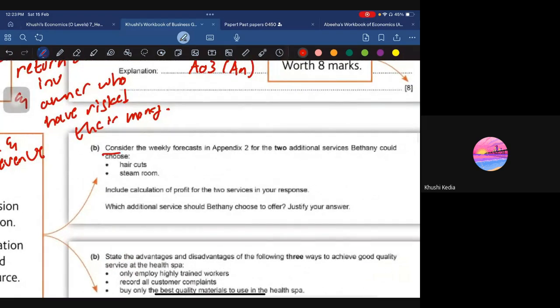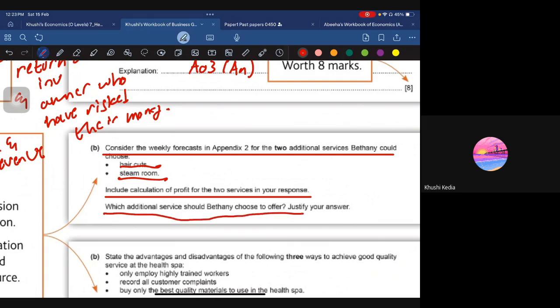One type is: consider the weekly forecast in Appendix 2 for the two additional services Bethany could choose, haircut and steam room, and include the calculation of the profit for the two services in your response. The appendix has given all those as well. Which additional services should Bethany choose to offer? Justify your answer.